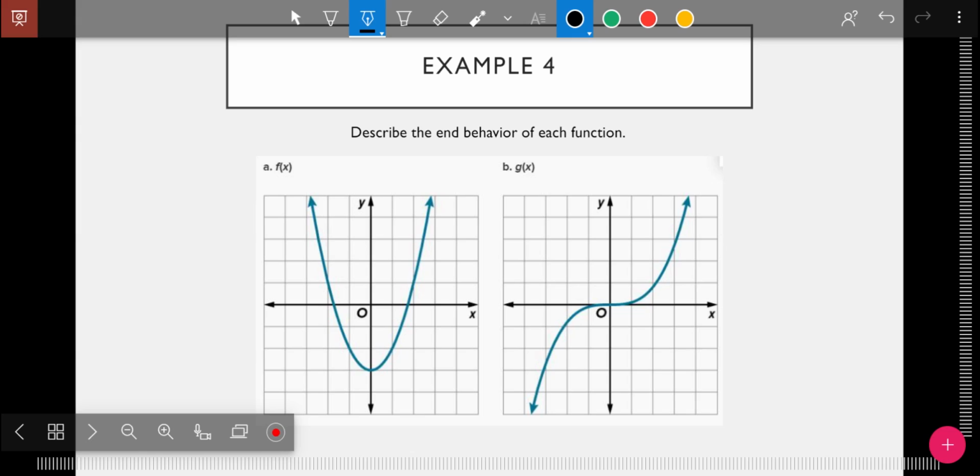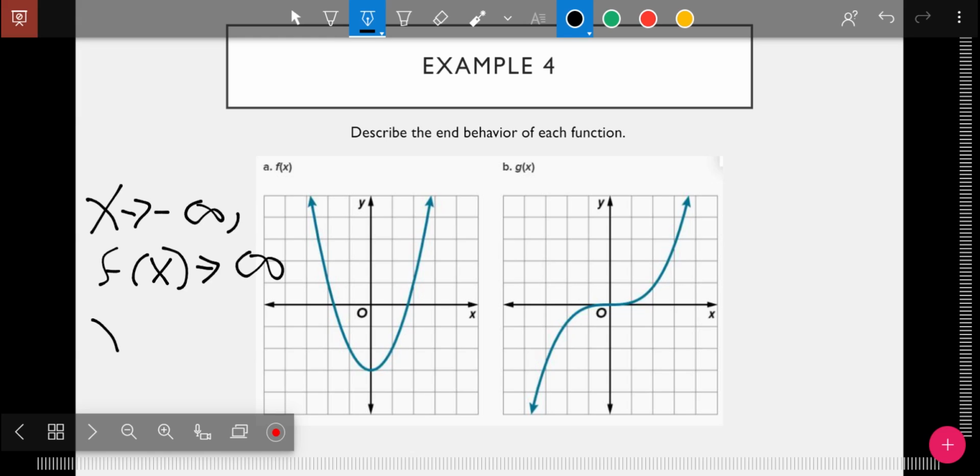As it goes left, it's going up. That's negative infinity, positive infinity. As it goes right, f of x approaches positive infinity.